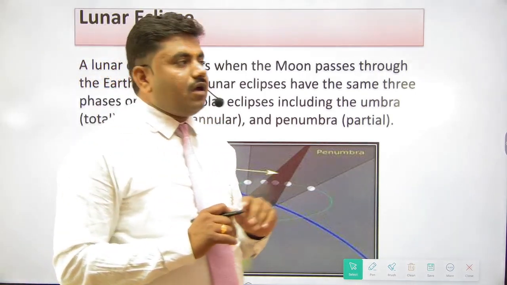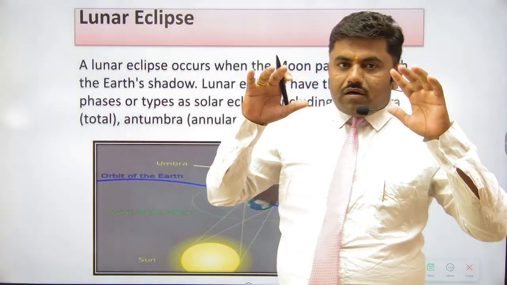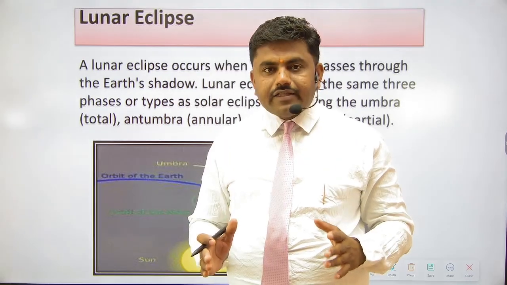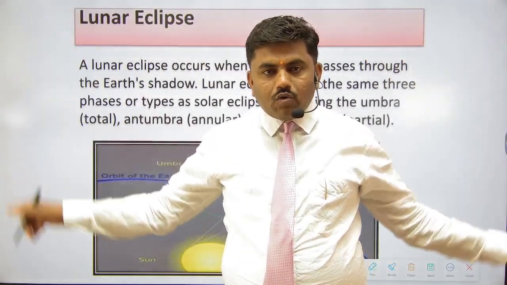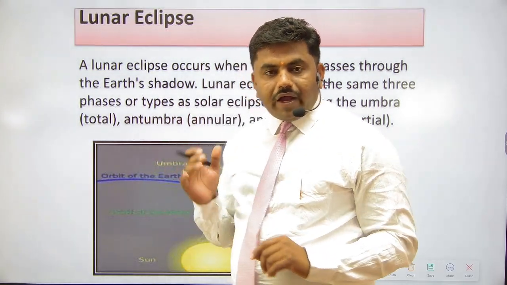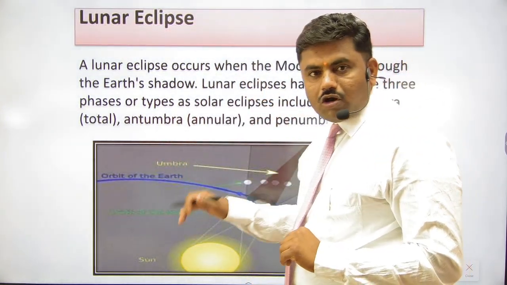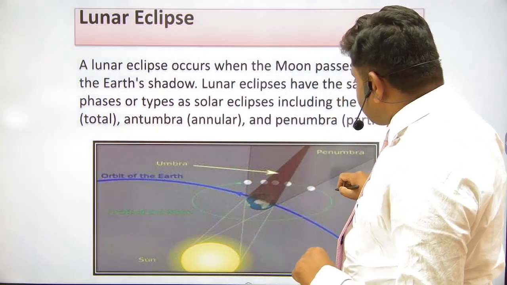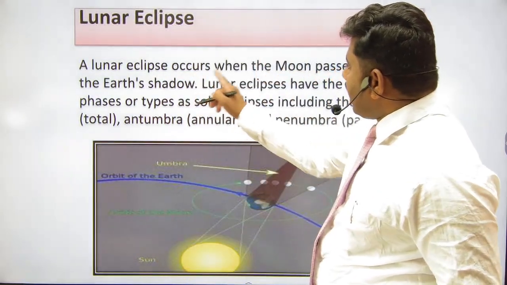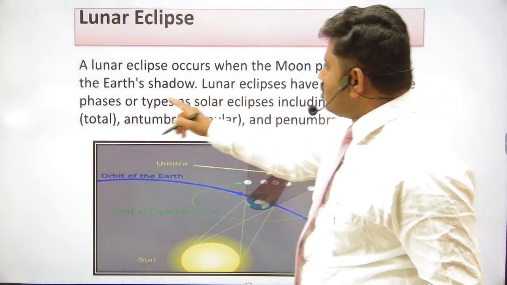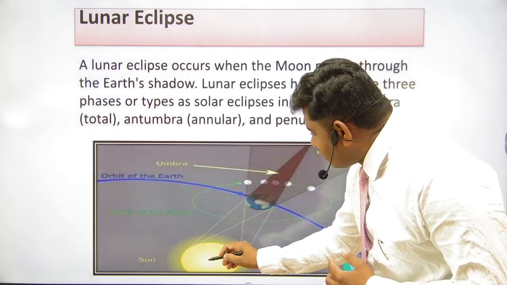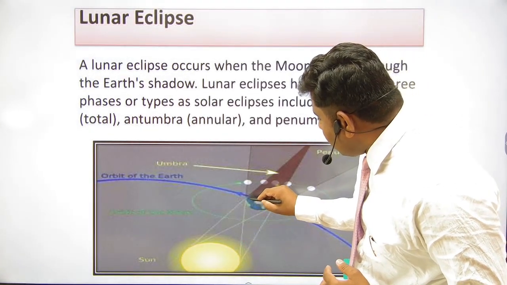How? See, earth has a satellite, that is the moon, and it moves around the earth in its orbit. When it comes to the side of the earth, a lunar eclipse occurs when the moon passes through the earth's shadow. Here is the sun and here is the earth.